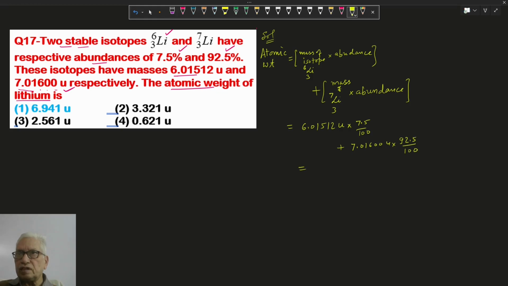We solve, and we get the atomic weight: 0.45113 U plus 6.4898 U, coming to 6.94093 U. So this is the atomic weight. Abundance questions come in boards and also in competitions, so for this type of question you should know this formula.